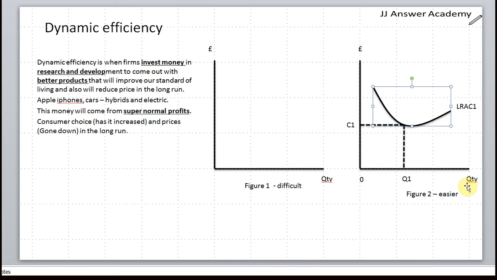So this long run average cost curve goes down to the right. Let me label that as LRAC2.